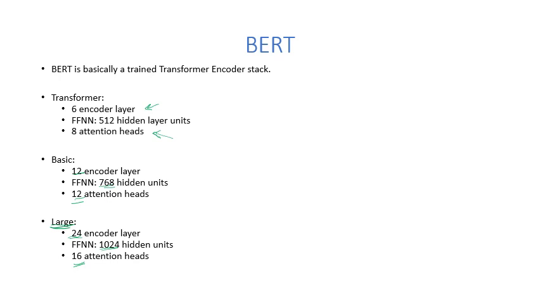You can't put it in a phone, for example, or a small device that you have, because it's going to take lots of memory. So they came up with distilled variations of BERT, and there are many of them, as I said, RoBERTa and tiny BERT and small BERT and so on and so forth.